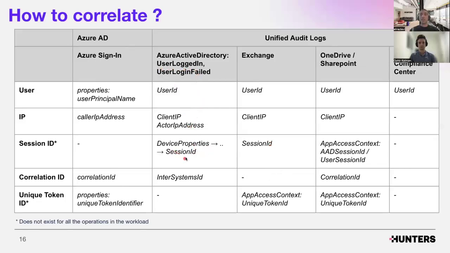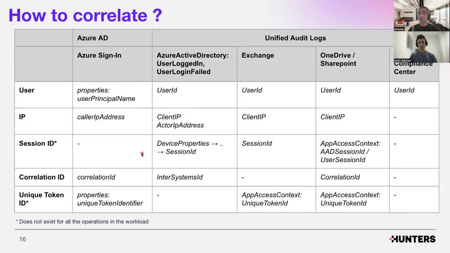Then we can use the field that exists under the user logged in event called inter-system ID, and from there correlate it with the correlation ID field existing in the Azure sign-in. That way we can correlate between the Exchange Online event and the Azure sign-in event, although we don't have a common field for the two of them.